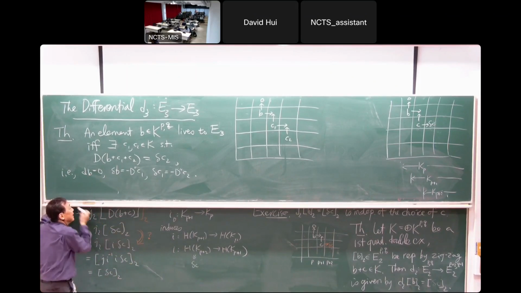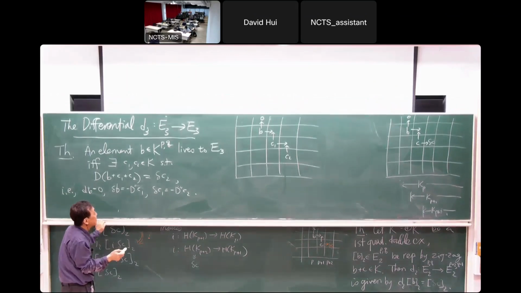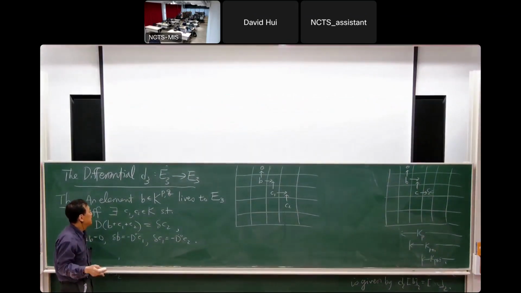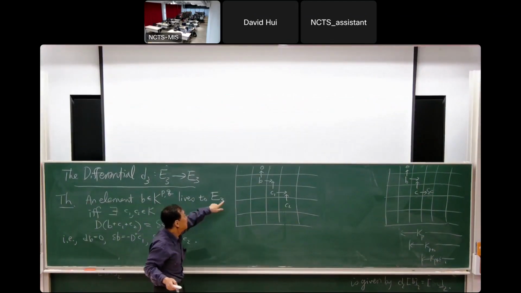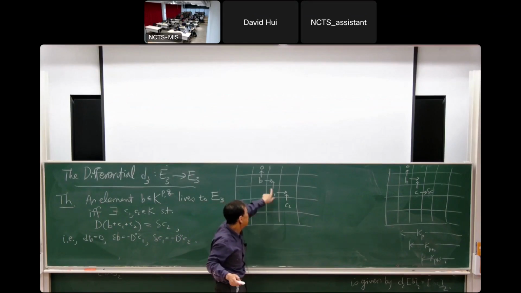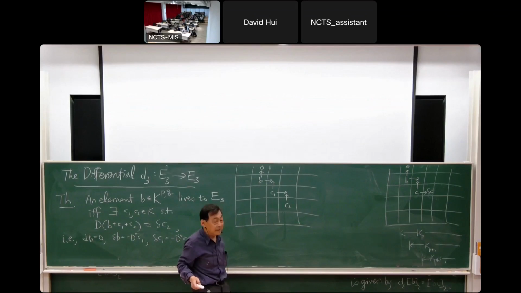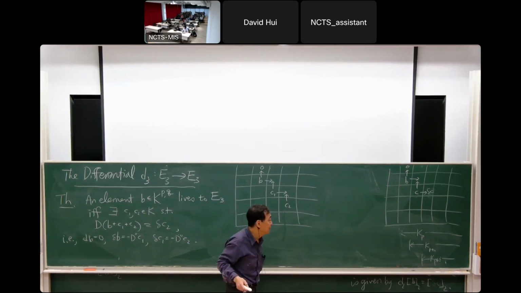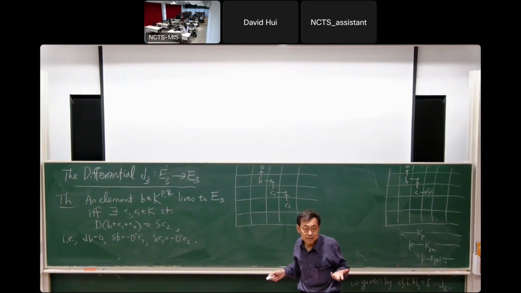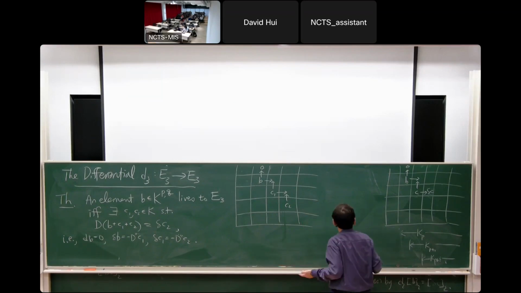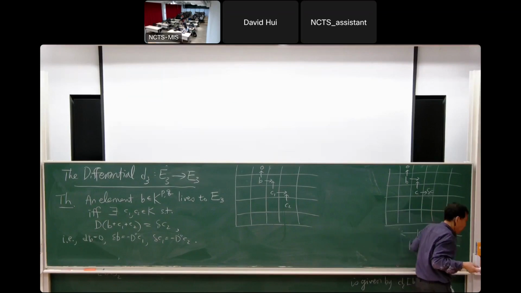So yeah, let's prove the theorem, okay? So an element B lives to E3 if and only if it can be represented by a zigzag like this. Now, if it lives to E3, then it lives to E2. So we know that we have a zigzag like this.